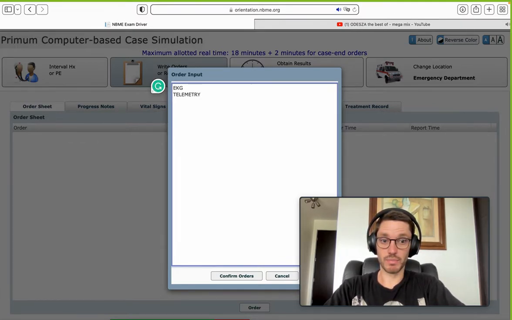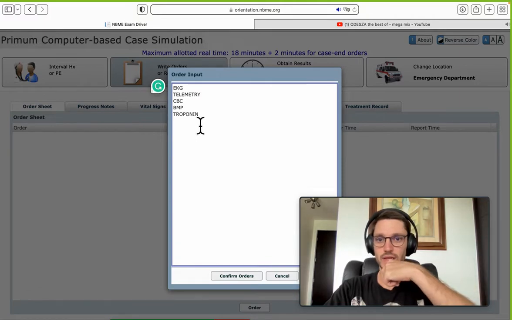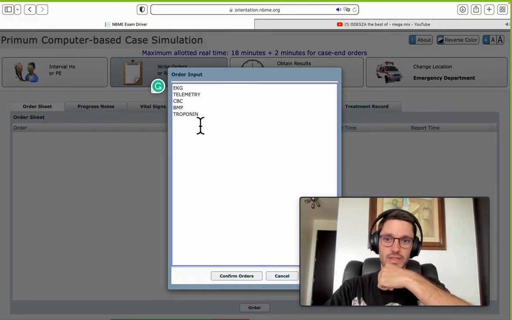I would like blood work taken, so CBC, basic metabolic panel, troponin. Yeah, we already have the rest right there. What else could I add right here? Chest x-ray isn't the choice right now. What is her saturation? Don't remember it, so let's check her vital signs.